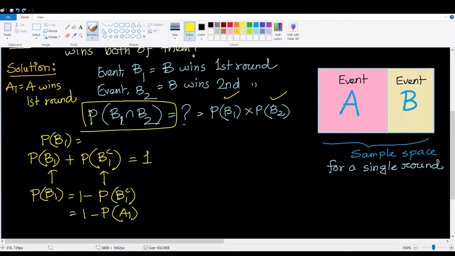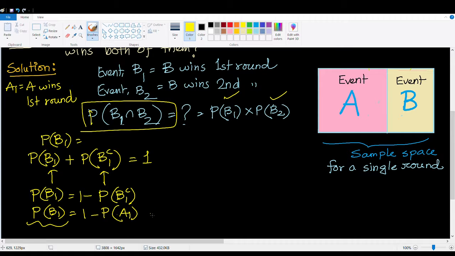So why did we relate P of B1 to P of A1? Because the value of P of B, or B winning a single round, was not given in the question. The probability for A winning a single round was given, and it was 3 by 5.